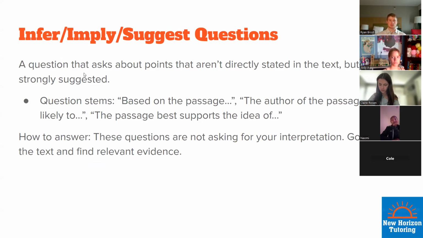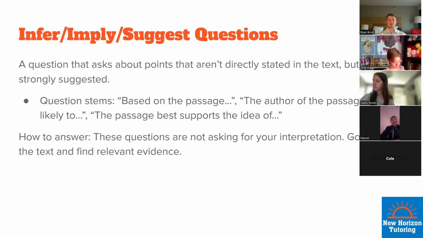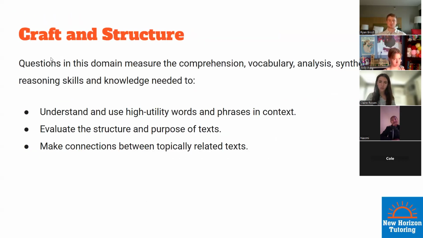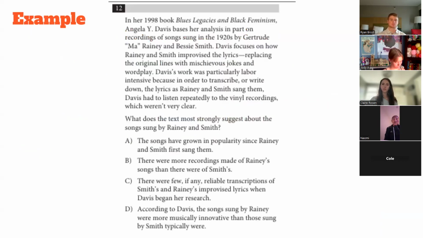Sorry, the craft and structure is the next type of question. This is a part of the one before. These ask about points that aren't directly stated in the text, but are strongly implied. So again, we want to look for evidence here and then use that evidence to help us with our inference. So we're going back in the text and looking for that evidence to find our inference.